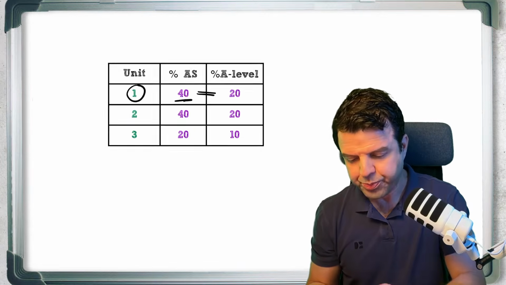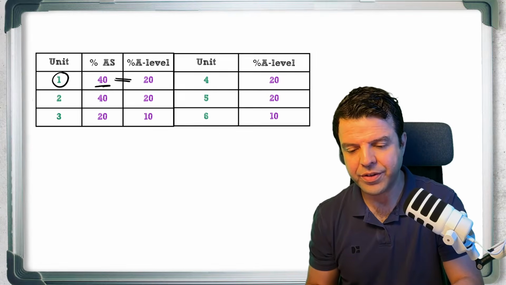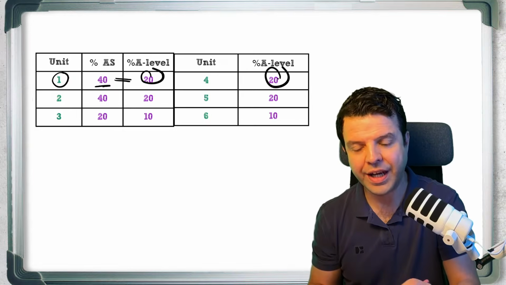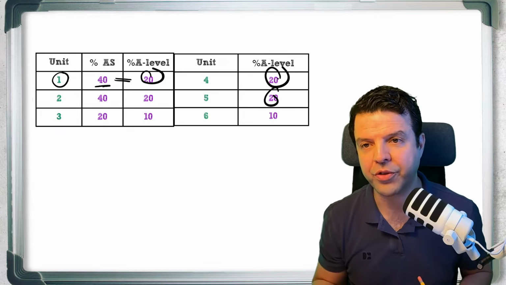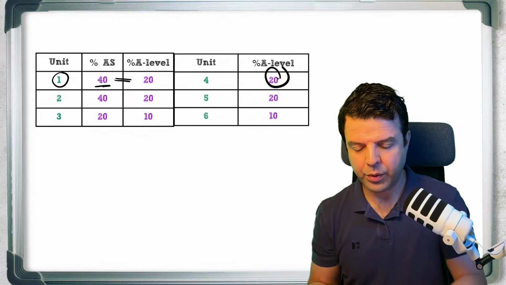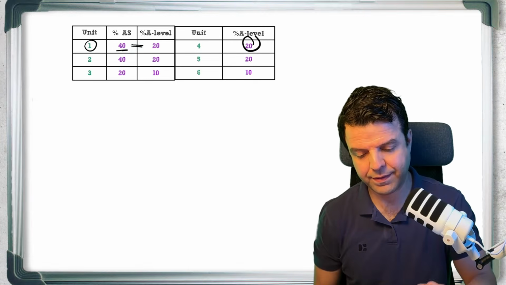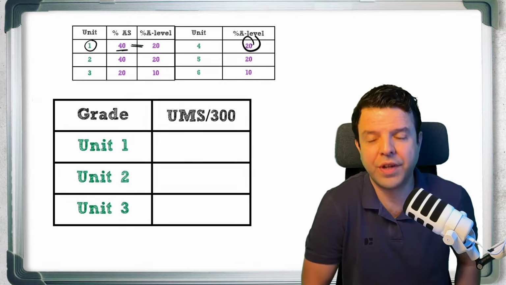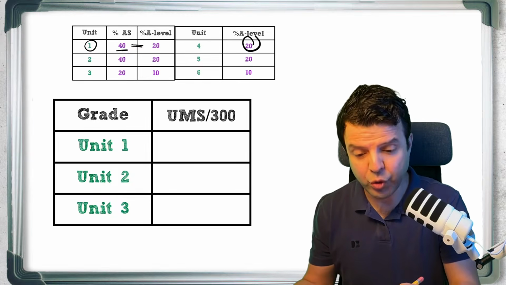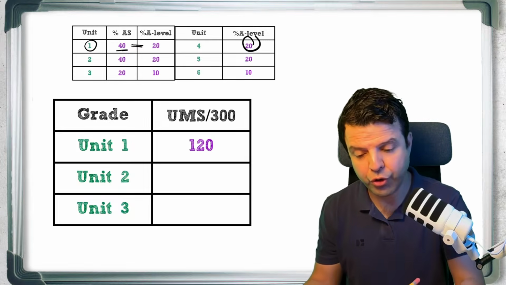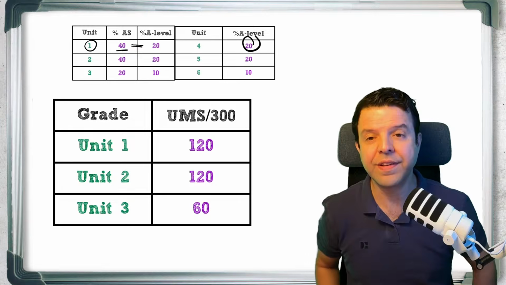Now, units 4, 5, and 6 are just as much as units 1, 2, and 3 in terms of their percent. Okay? Now, speaking of UMS, because that's what matters to decide your grade, Unit 1 is 120, Unit 2 is 120, and Unit 3 is going to be 60.